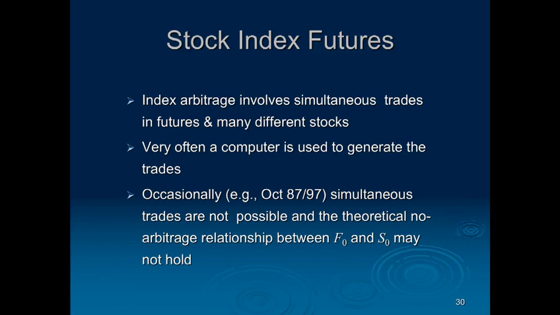Now, the first example of this is back in 1987. Computers started to be used to automate trades, to arbitrage against the theoretical price versus the real price. And in 87, they had a very naive, very simple way of doing their coding, their program.